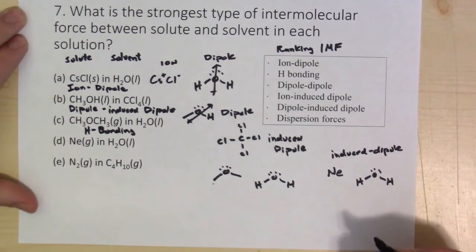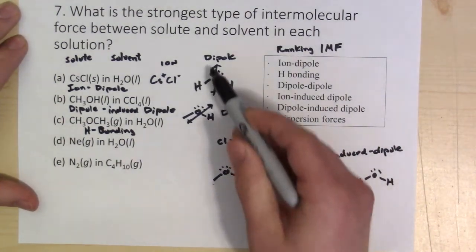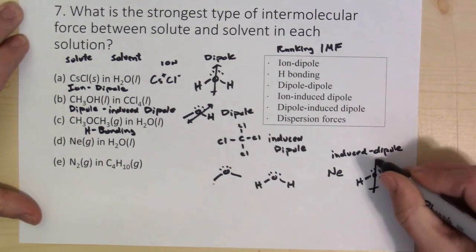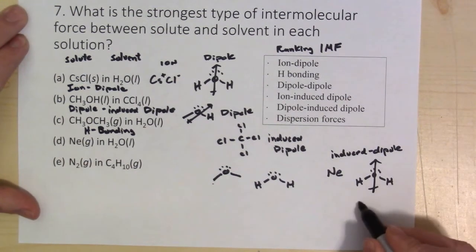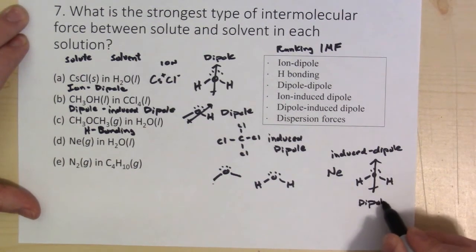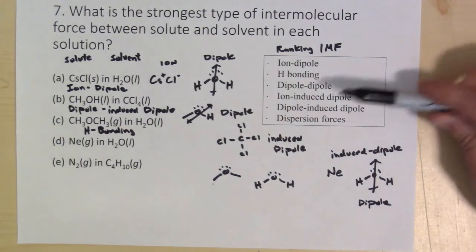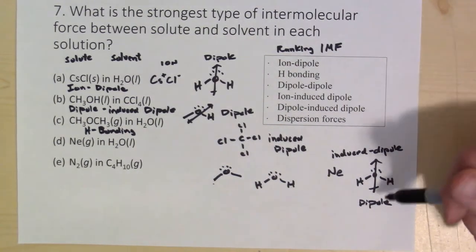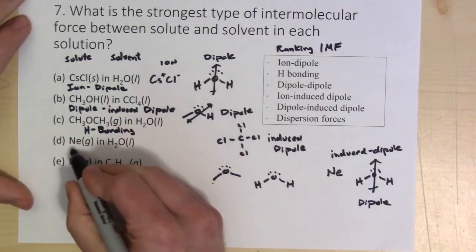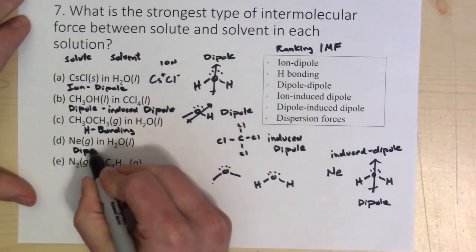And water, as we've said earlier, does have a dipole. So the strongest force that these two are going to be able to interact through is the dipole-induced dipole, because only water has the dipole of the pair.